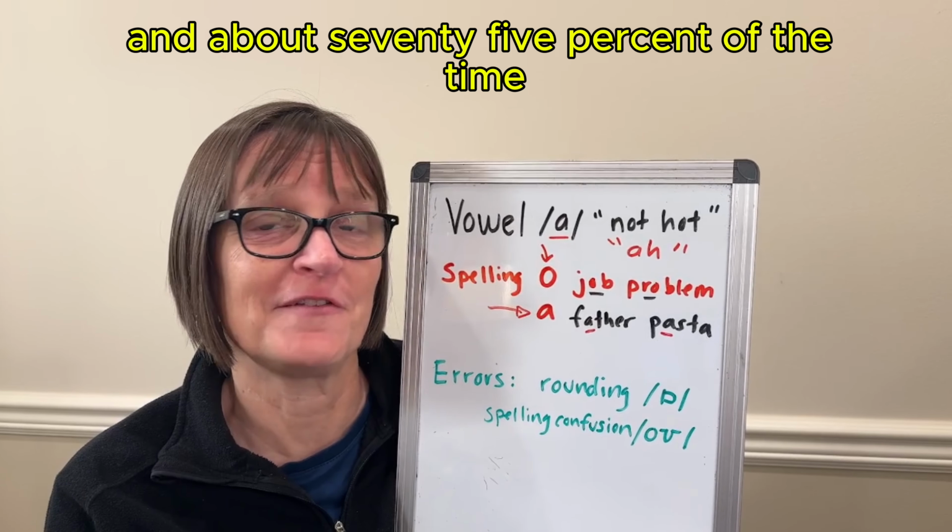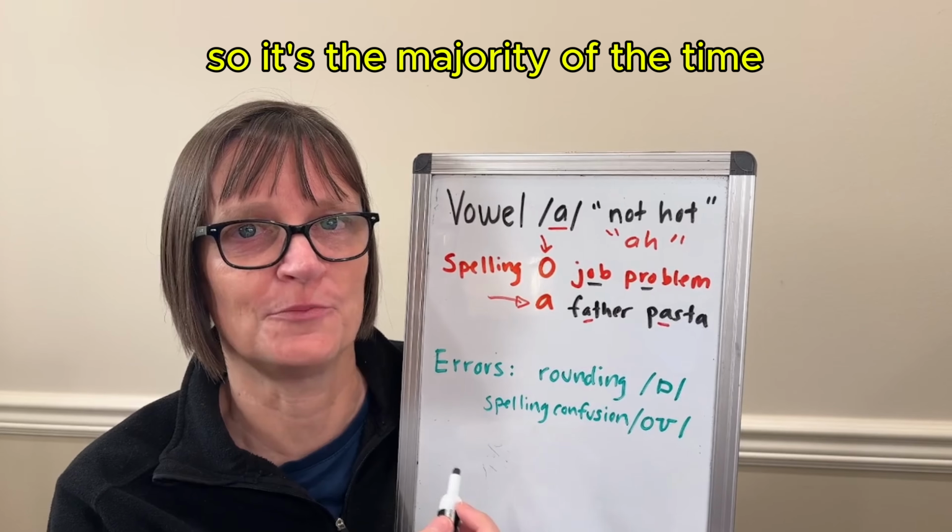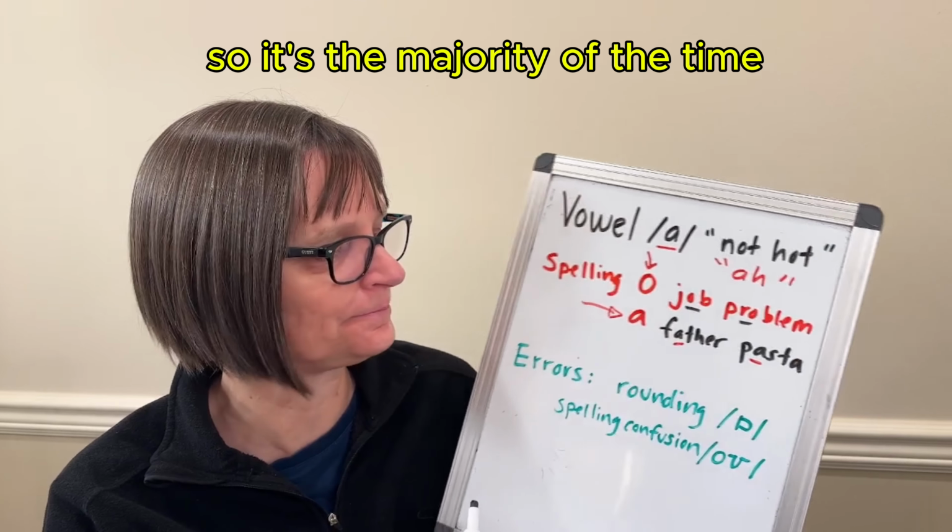And about 75% of the time, we spell the ah vowel with letter O. So it's the majority of the time.